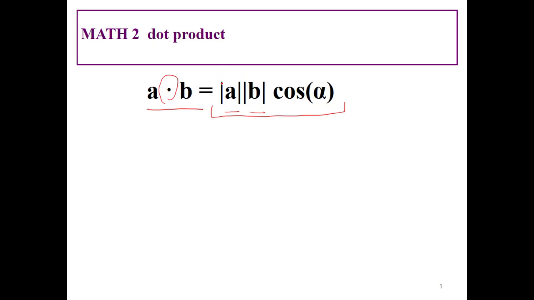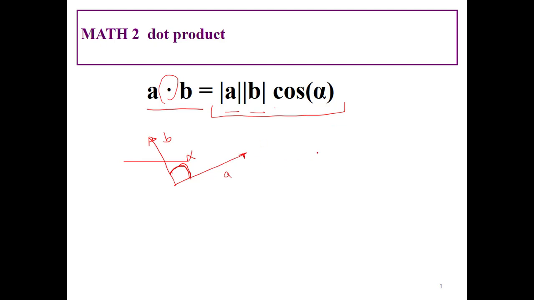Maybe you remember that this was the length of vector A, the length of vector B, times the cosine of the angle between the two vectors. So for instance, if I have a vector A and a vector B, then this dot product tells us something about the cosine of this angle.